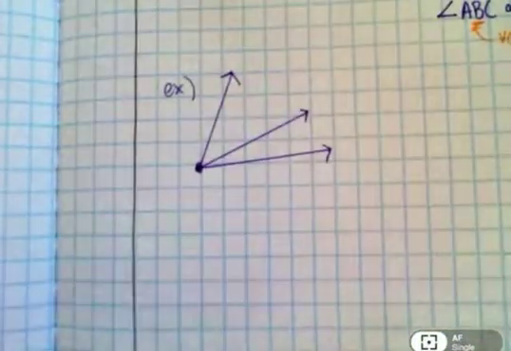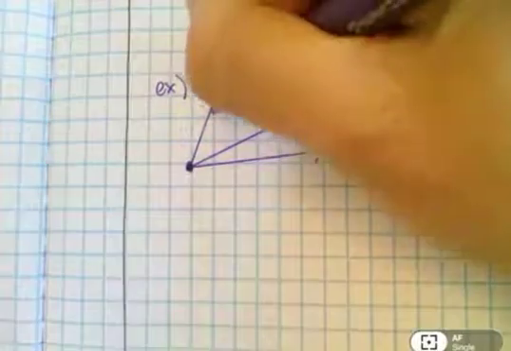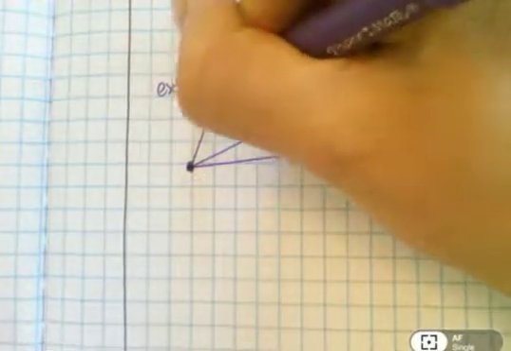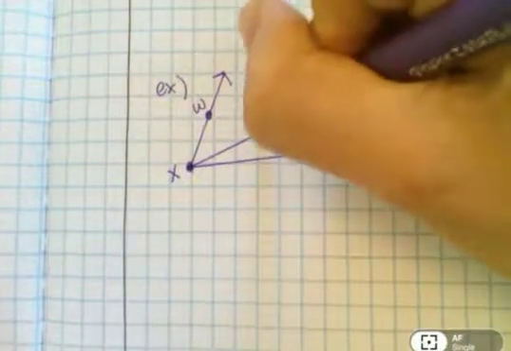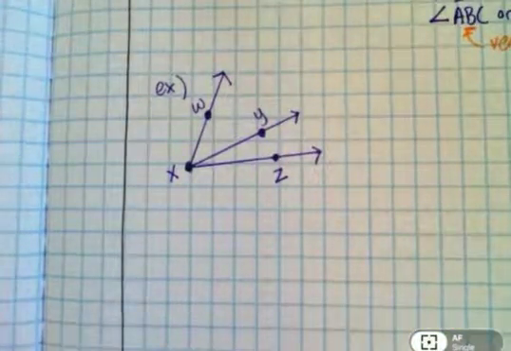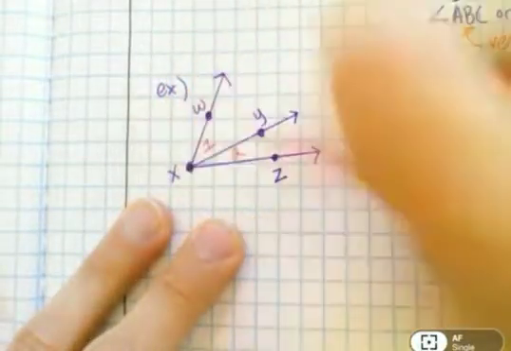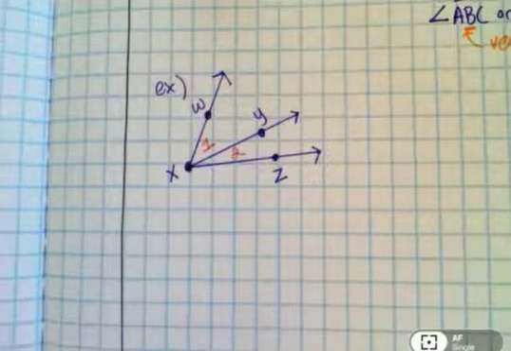Okay, so there's your figure. Go ahead and draw that. I'll give you a few seconds. And let's say this is W, X, Y, and Z. And then I'll put some numbers inside. Number 1 and number 2. So take a minute and copy that down.